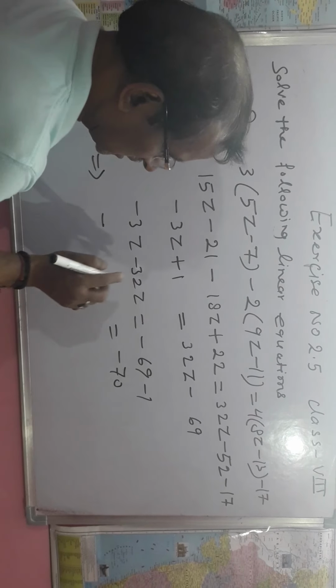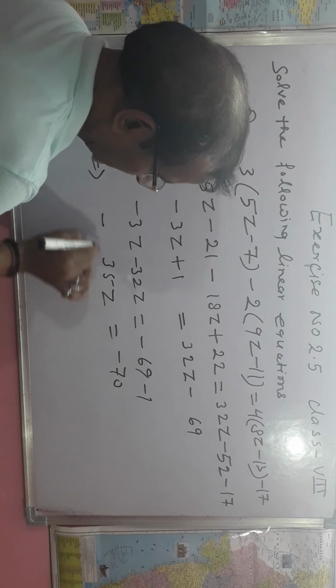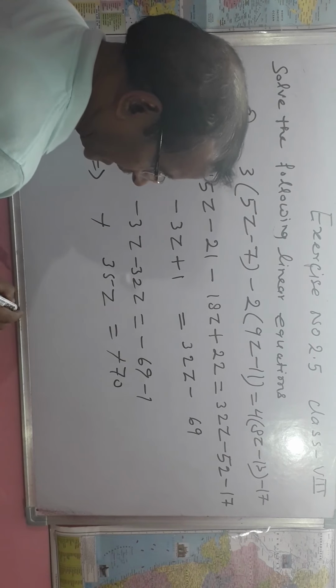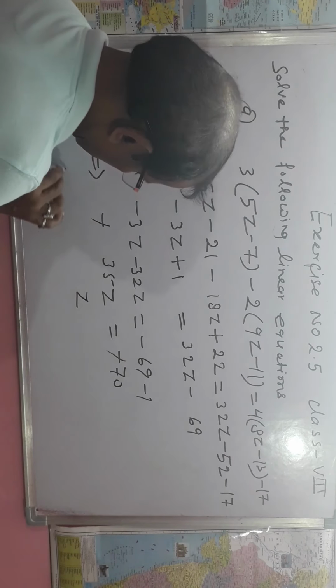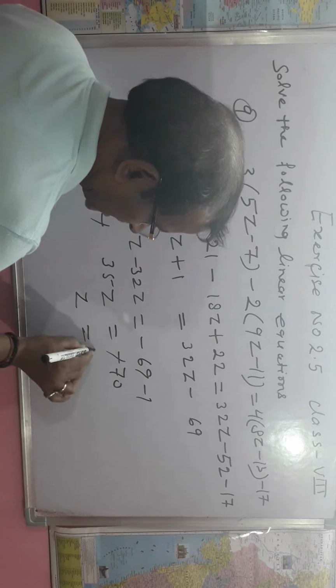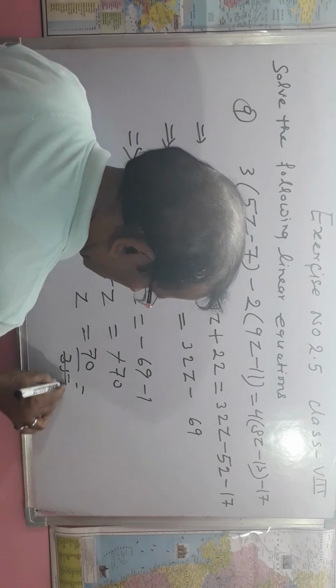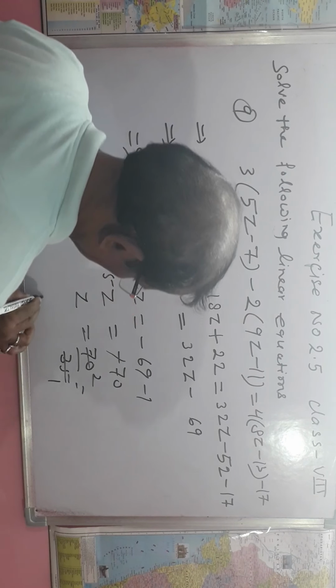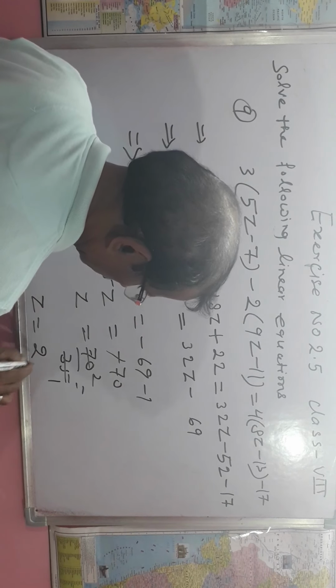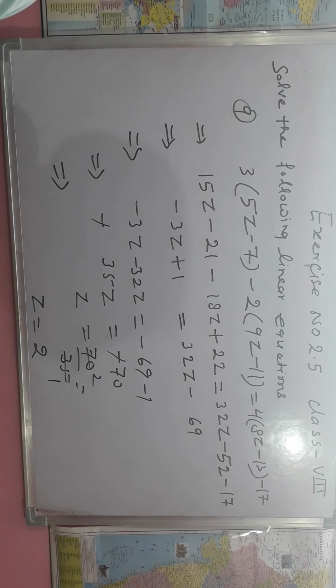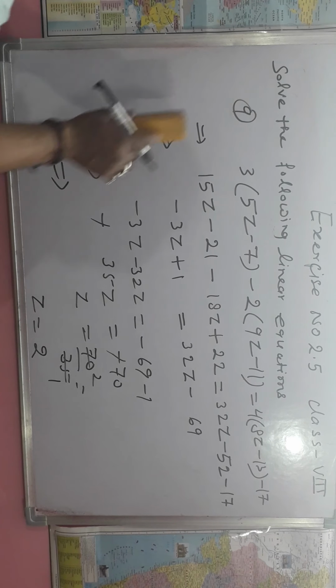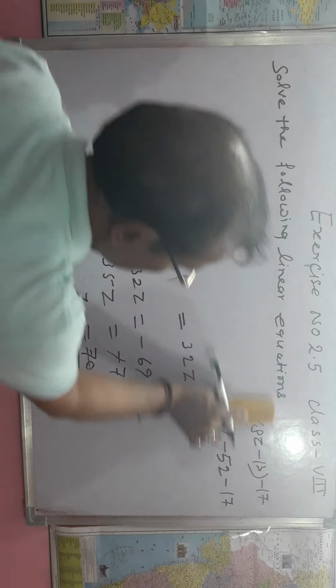Implies minus 35z, cancel by minus on both sides, then we get z is equal to 70 by 35. Here 35 ones are 35, 35 twos are 70, that is z is equal to 2. That is the answer. Now we will solve the last question of this exercise.